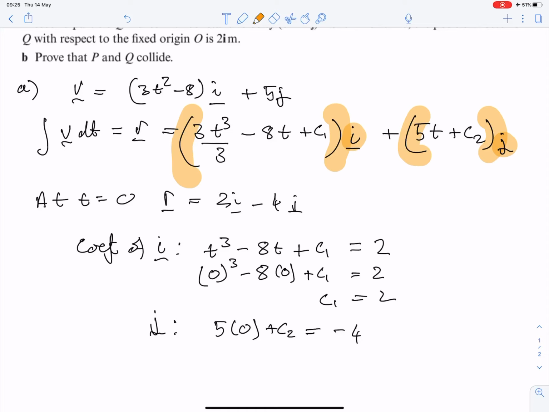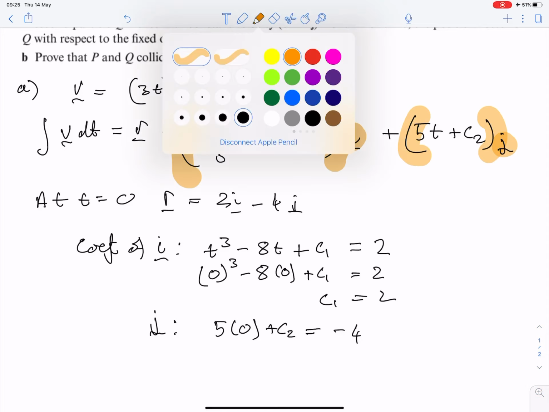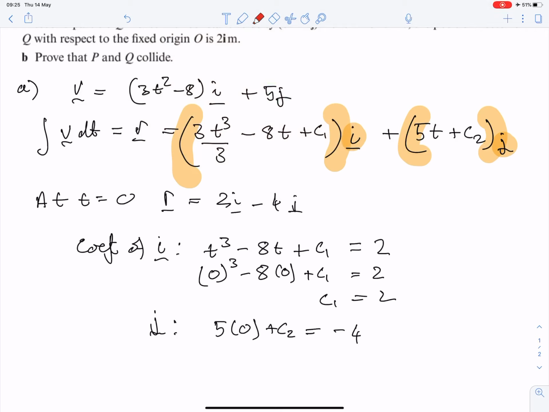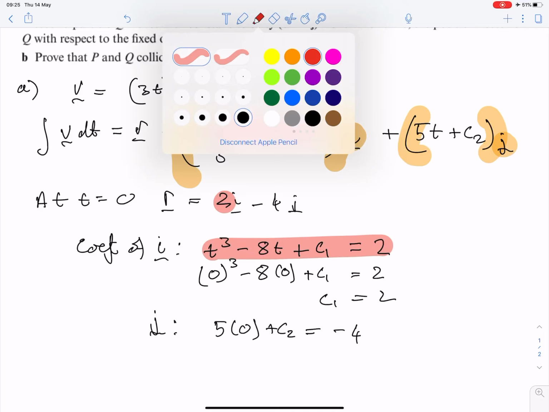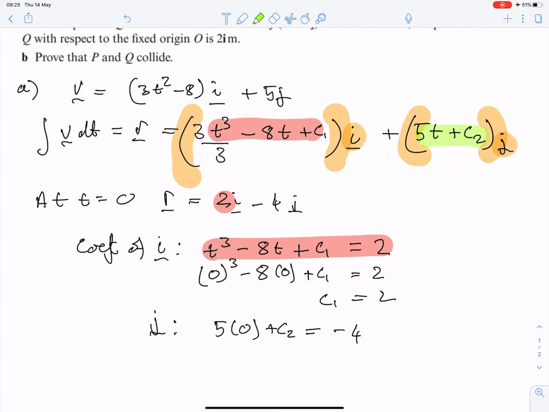Let's just highlight those up so it's clear where they've come from. So the i components come from here to give that line, and the j components come from here to give that line. Tidy that up then at the end here. c2 equals minus 4.